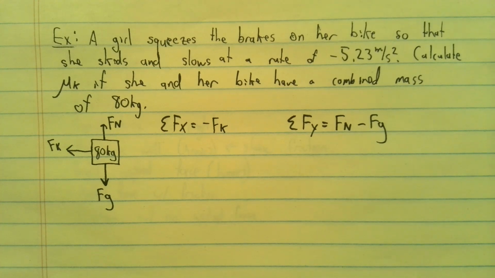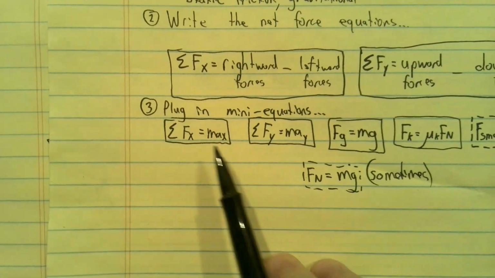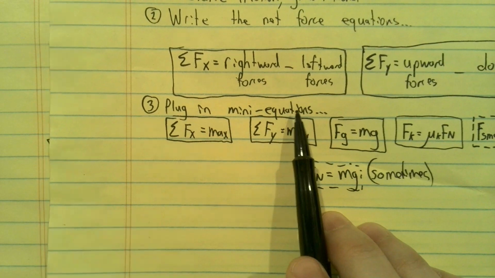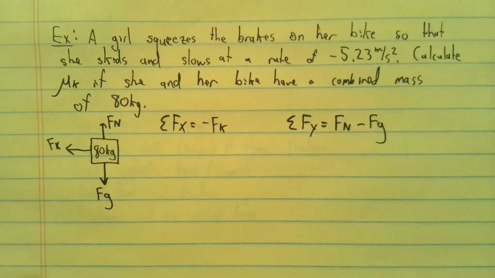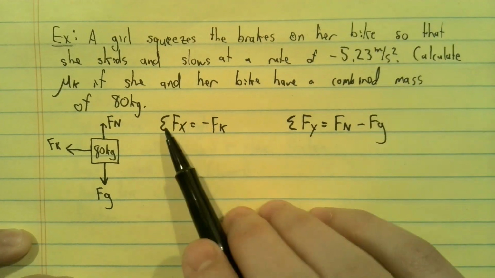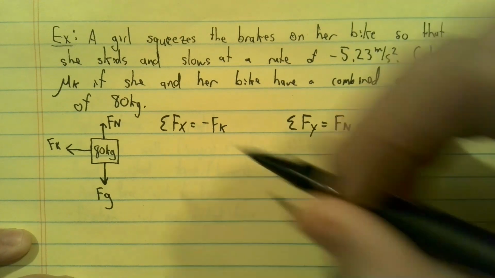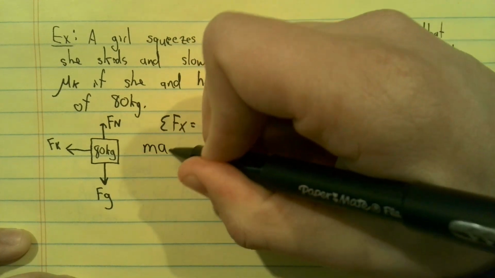Next up, well, that's it. That's step 2. Step 3, plug in the many equations. All right, from left to right. Sigma Fx, I look at my list, I see that it is ma x.